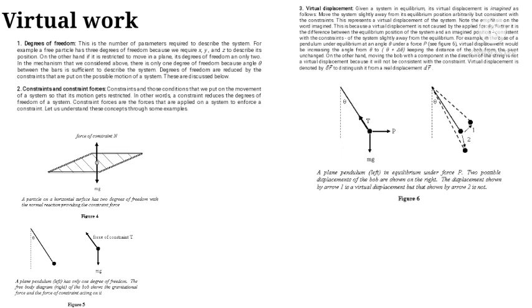On the other hand, moving the bob in the direction of the string is not a virtual displacement, because it would violate the constraint. The virtual displacement is denoted by delta r, to distinguish it from the real displacement dr, as shown in figure 6.